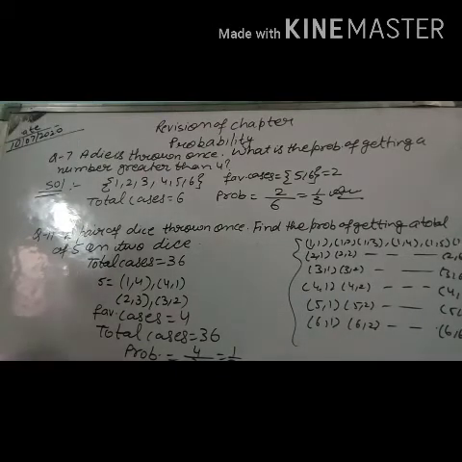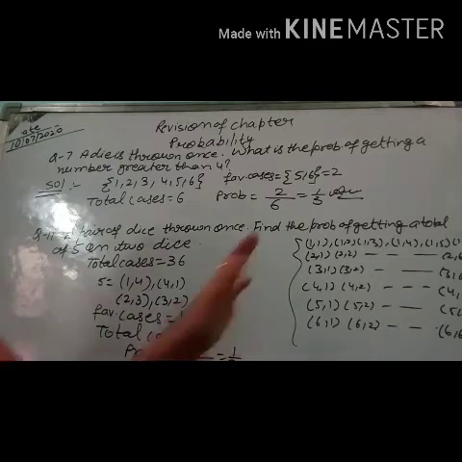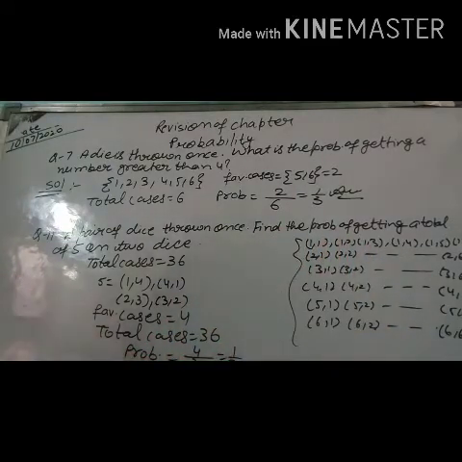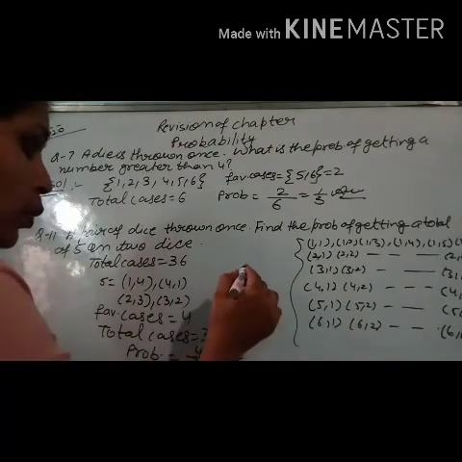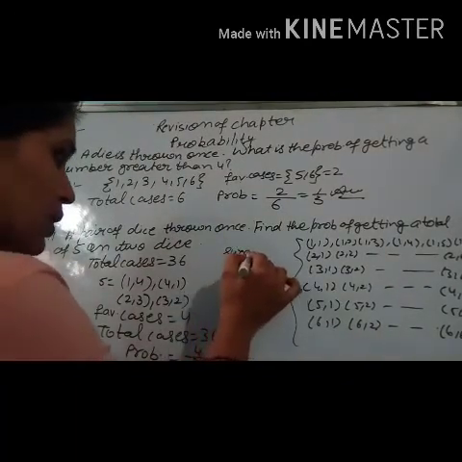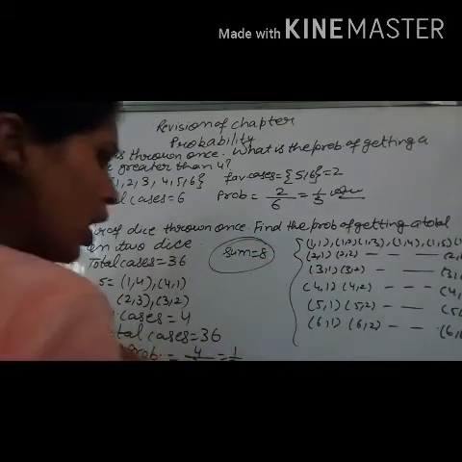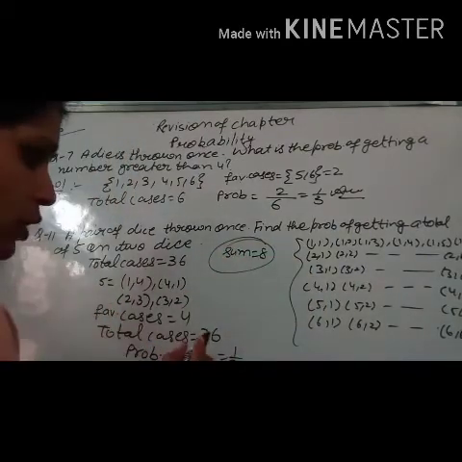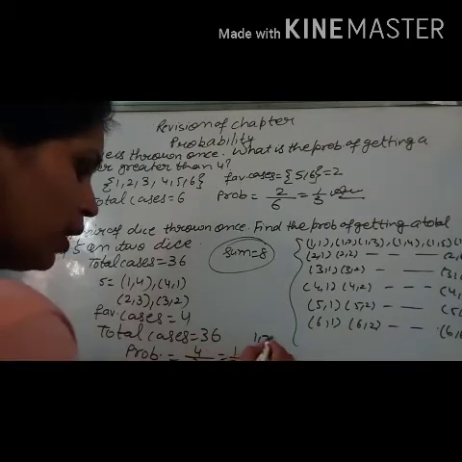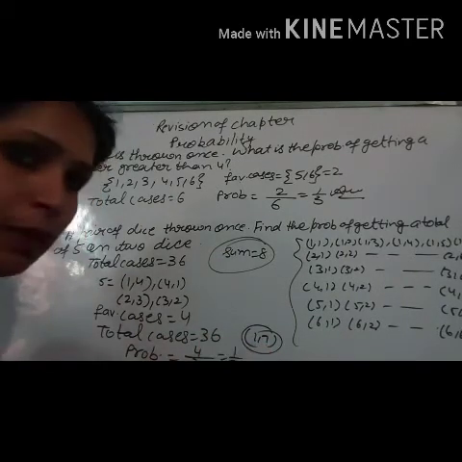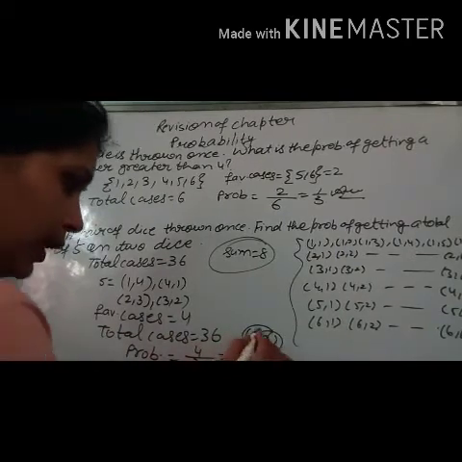So in case of 2 dice, first find out these conditions, and suppose in this same question they are asking to find out the probability when sum is equal to 8. If sum is equal to 8, then how many cases do we have? The cases which are in our favor. Sum 8: when we obtain 1 7, but on a die the number 7 does not appear, so we neglect this case.